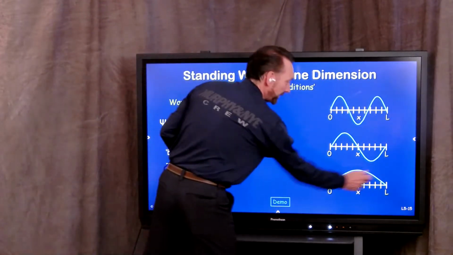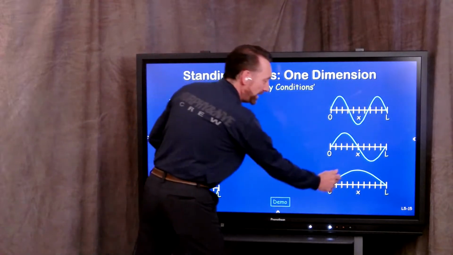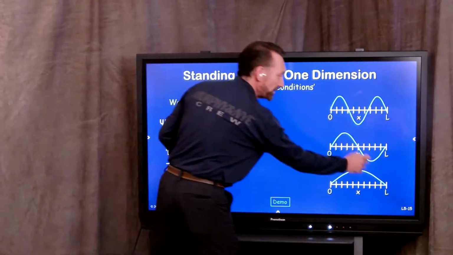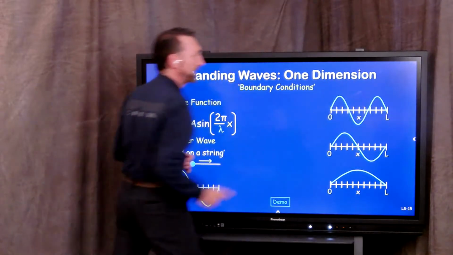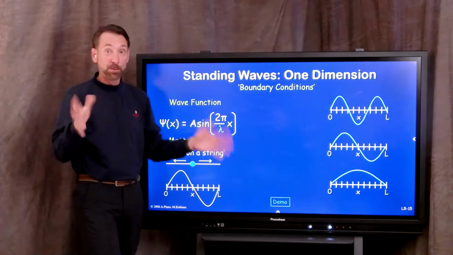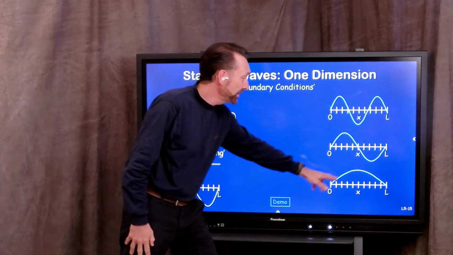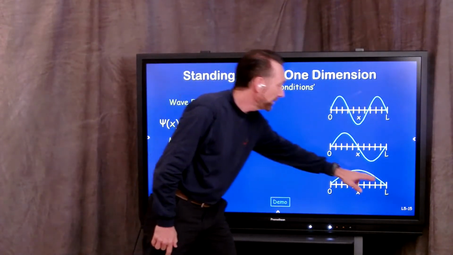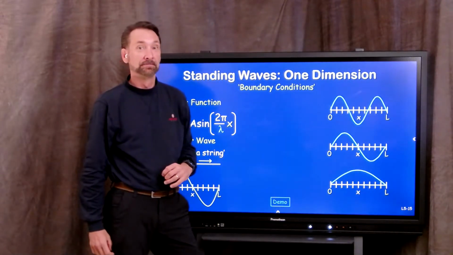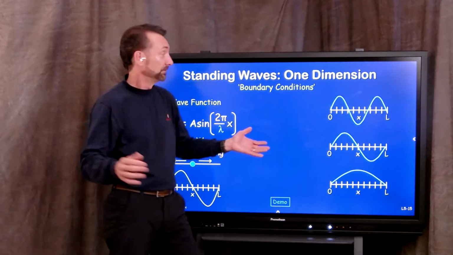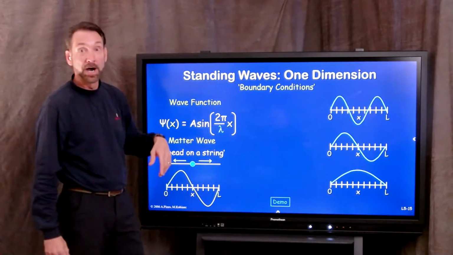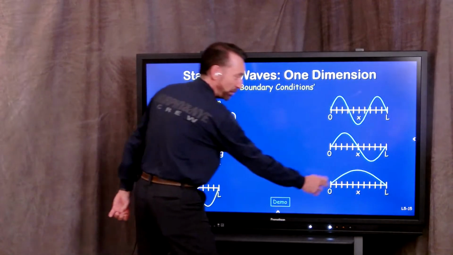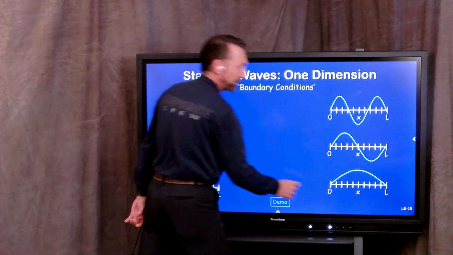So you have a system of length L. This is one of the standing waves. Here's another standing wave, and here's another. Now, to get standing waves, you have to go to 0 at both the start and the end of the string. So not all waves work. You can't have all willy-nilly wavelengths in there. You can have a half wavelength, because that's 0 and 0.